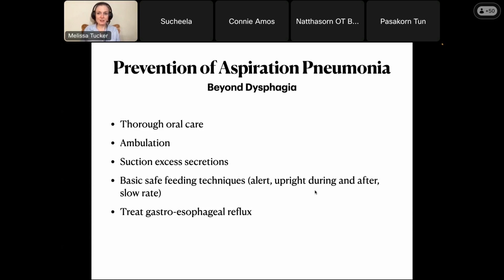A lot of these patients who are getting aspiration pneumonia, or aspiration pneumonitis, it's not necessarily from the food and drink that they're eating. It can be from extraesophageal reflux. So there are all these other things that we as therapists and clinicians and physicians can be encouraging with our patients besides the dysphagia evaluation that will help prevent aspiration pneumonia in this group.